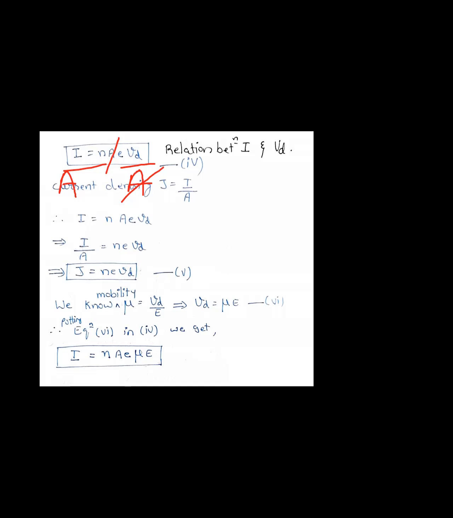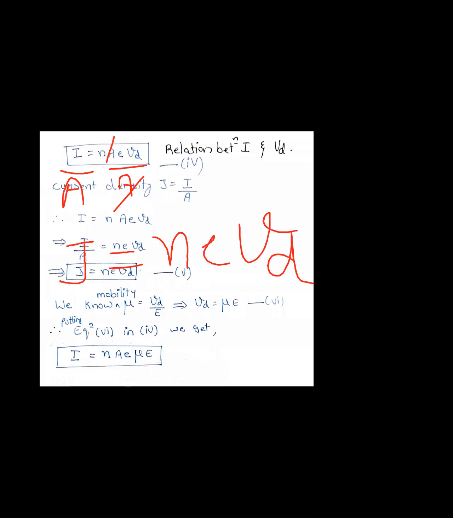So what is left? What is left is NeVd because A got cancelled. On dividing by A, we get I by A is J, and here A will get cancelled, and we are left with NeVd. So this equation gives the relation between drift velocity and current density J.